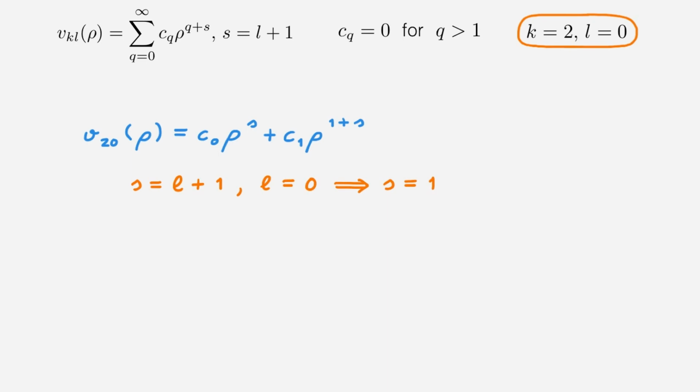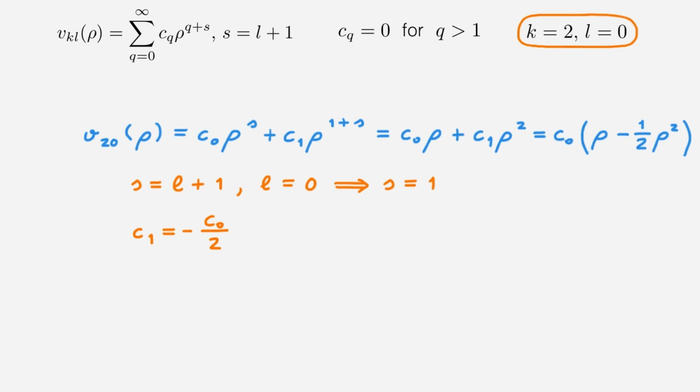And we can then rewrite V as the sum over these two terms. Finally, remember that we've just established that C1 is equal to minus C0 over 2. So taking C0 as a common factor here, we end up with this expression. In summary, the function V20 takes this form.